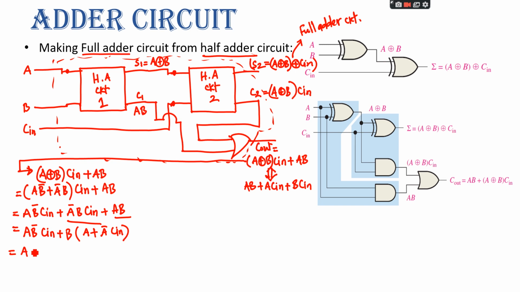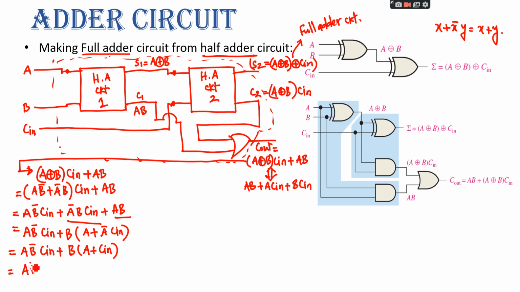So what we can write, A B bar C in plus B multiplied by this, which is similar to my x plus x bar y. It should be your x plus y. We have learned this postulate, right? Yes, sir. So we can write A plus C in.